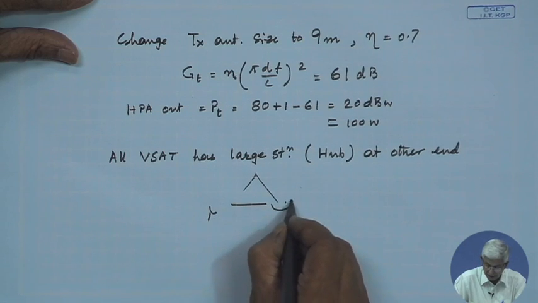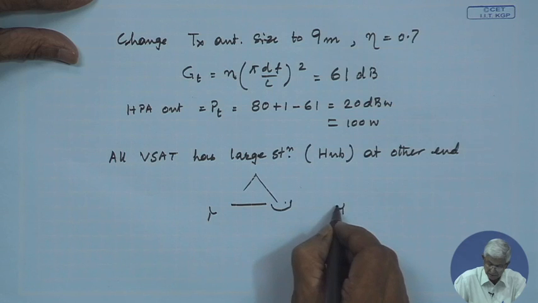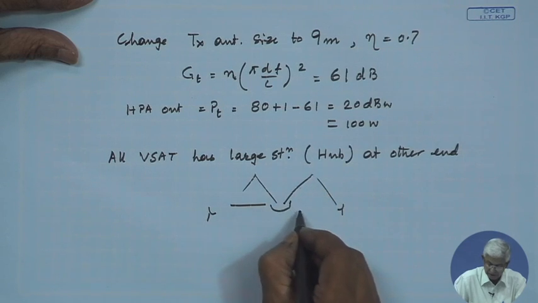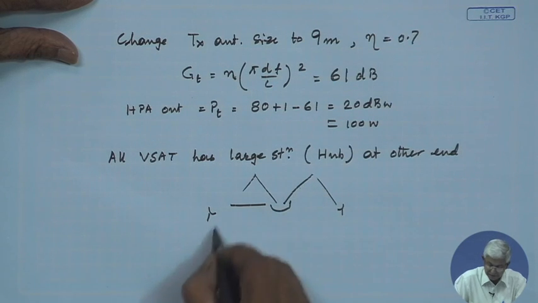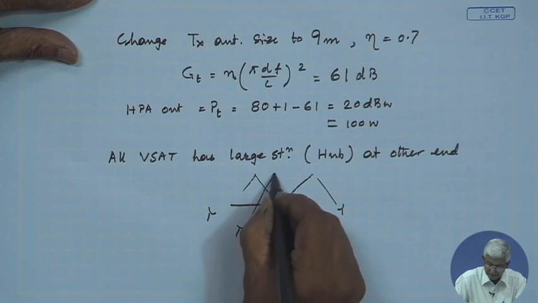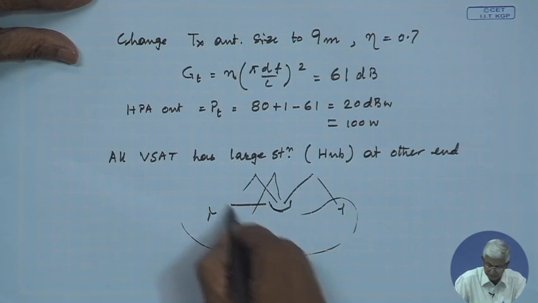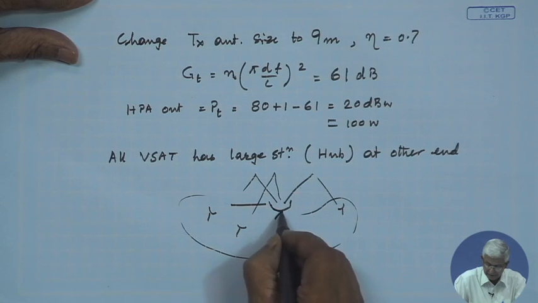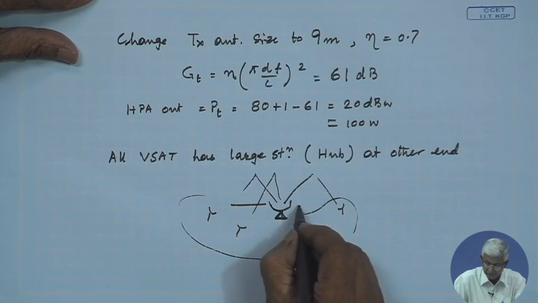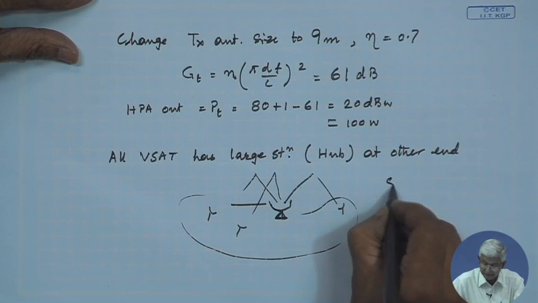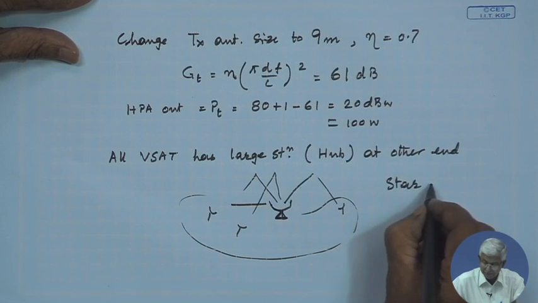There is another VSAT which is communicating with a large station. So, all VSATs are communicating with the large station. So, in a total network of VSATs, we have one central station which is called, obviously, the hub, and it is a star type of configuration.